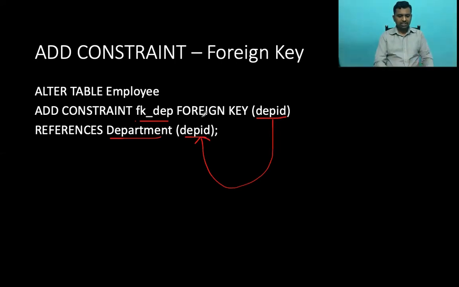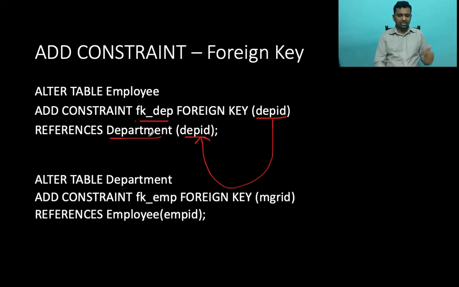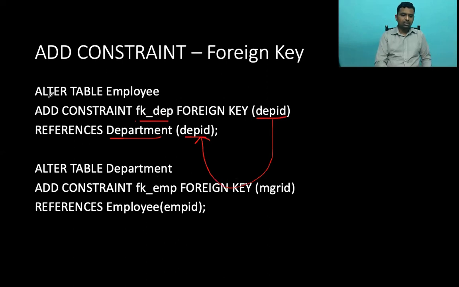This is how I relate. This foreign key in the employee table is going to be a primary key in my department table. Now here I need to give a vice versa because I'm having two foreign keys. This is the complex example I mentioned. Now when I say department table, manager ID is my foreign key, and that's going to relate to the employee table's employee ID. So I'll say references employees employee ID. You with me? Good.